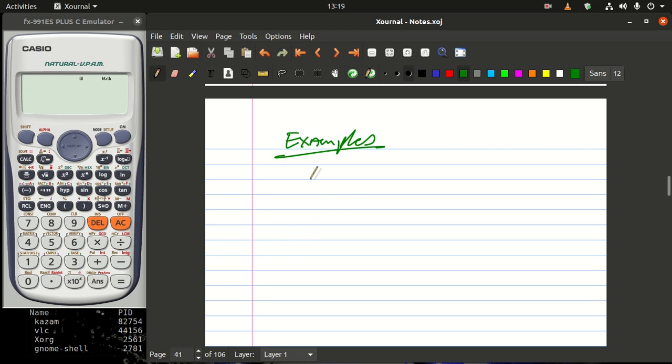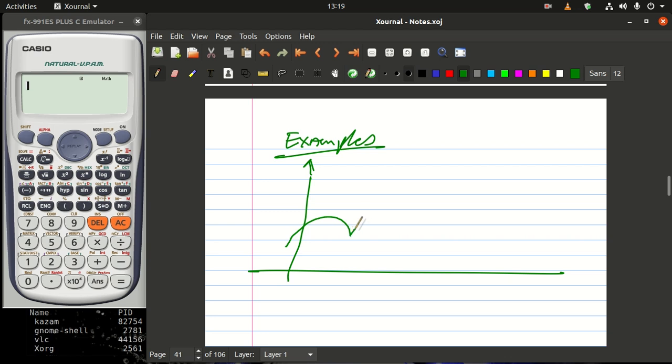Suppose I have a curve that looks something like this, and then we have a nice vertex here, and then it goes all the way and comes down, and then it goes all the way up. Let's say the function ends up there, and I call this function f.